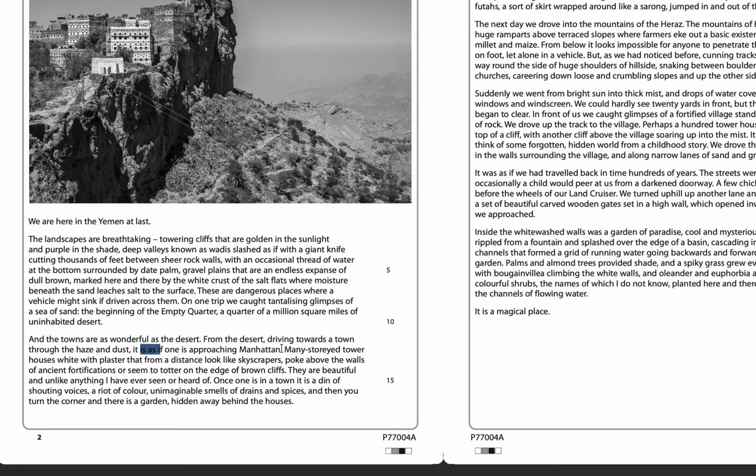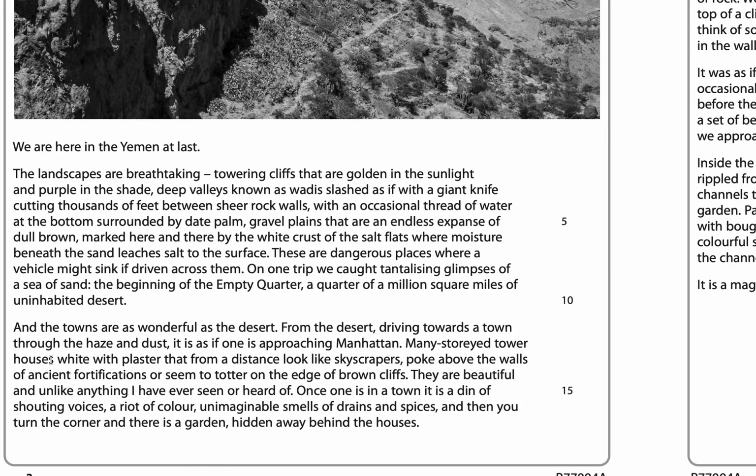New York is divided into three sections, and one of the sections is Manhattan. Many storied towers, houses. What is that? I can't see. Oh, houses white with plaster that from a distance looked like skyscrapers, poke above the walls of ancient fortifications, or seem to, which are on the edge of brown cliffs.